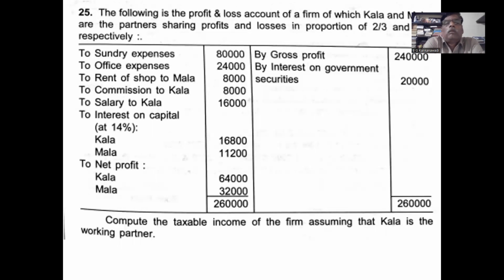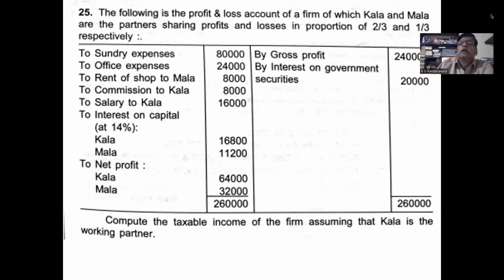In this question number 25, the following is the P&L account of the firm of which Kala and Mala are partners sharing profits and losses in the ratio of 2/3 and 1/3 respectively.